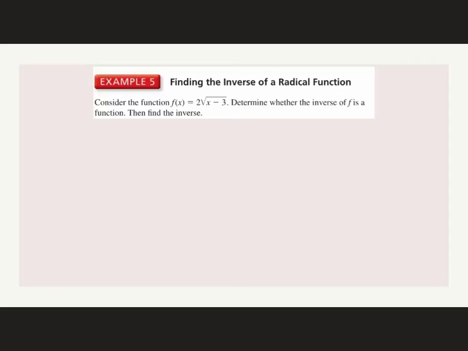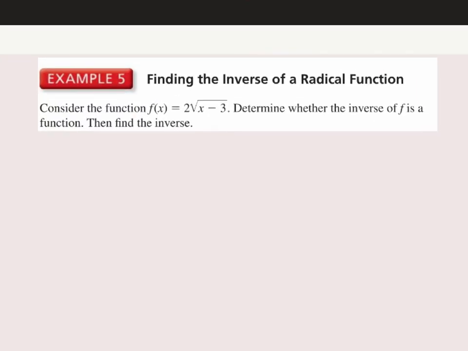All right, example 5. Doing the same thing. Switch our x and y. So we have x is equal to 2 square root y minus 3.